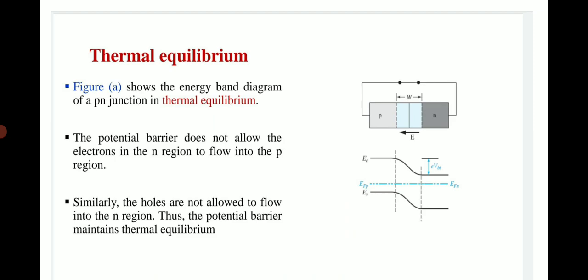Let's see the figure in thermal equilibrium. That figure shows the energy band diagram of a PN junction in thermal equilibrium. In the P region and N region, W is the width and there is the direction of the electric field.